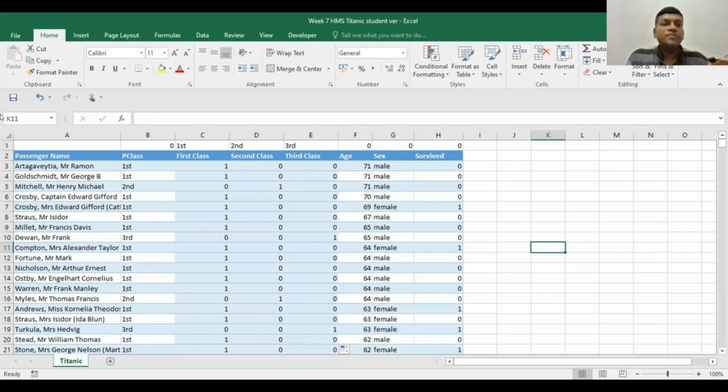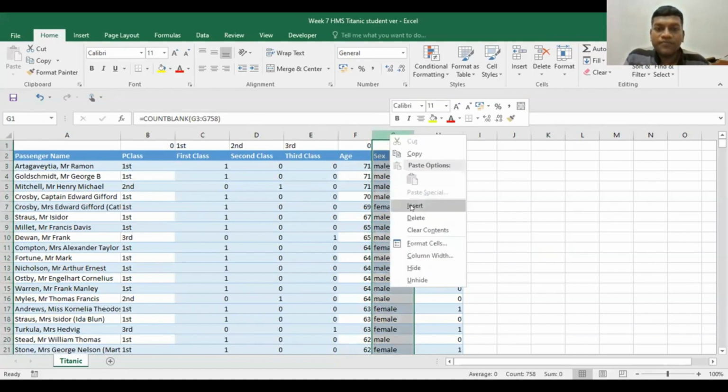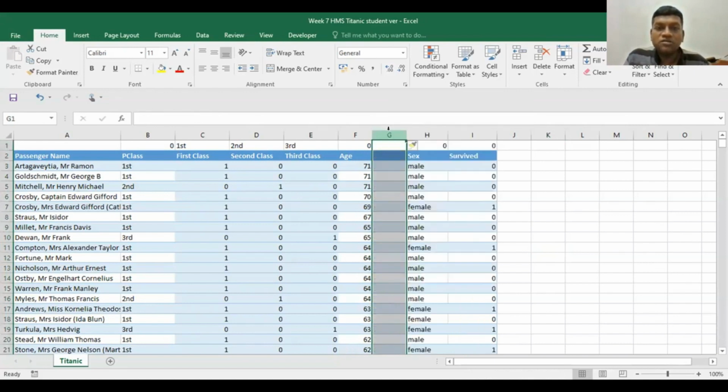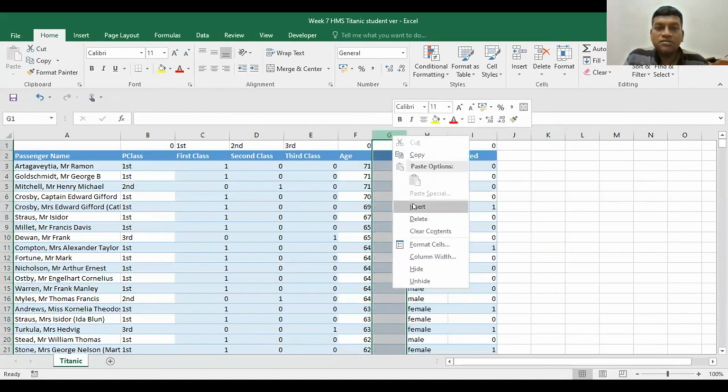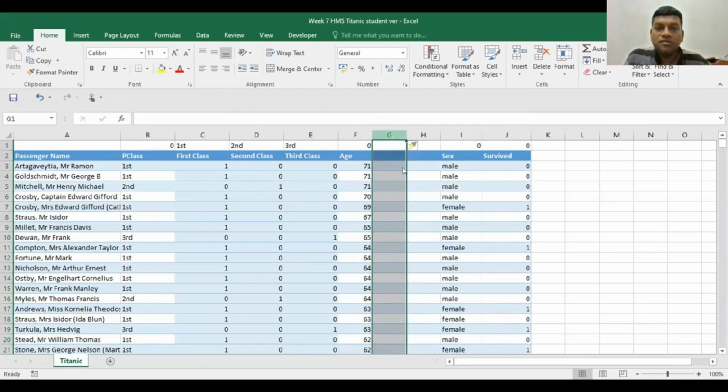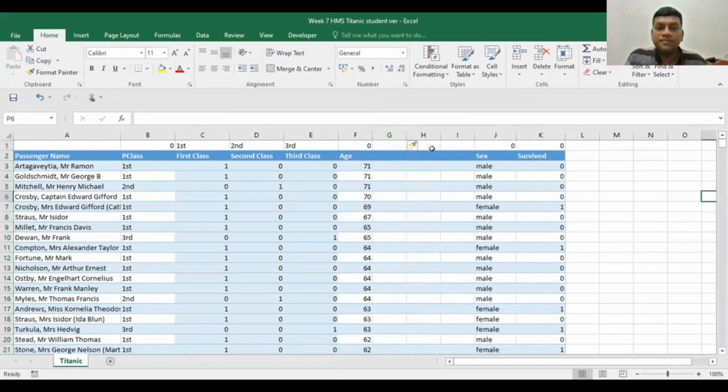Okay, all right, yeah. So now let's move on and get the data. We need to understand age. Again, insert 3 columns. We need children, we need adults, and we need seniors.